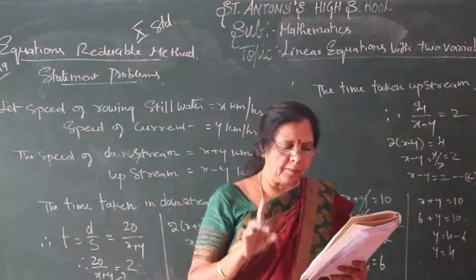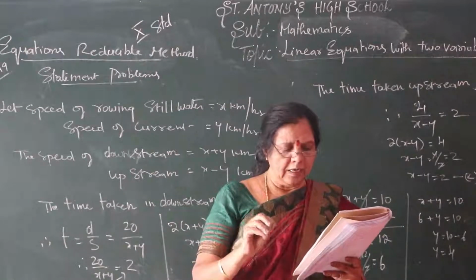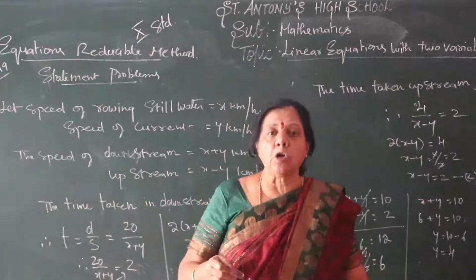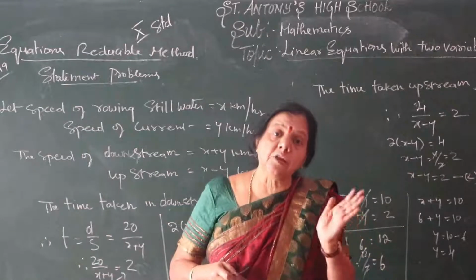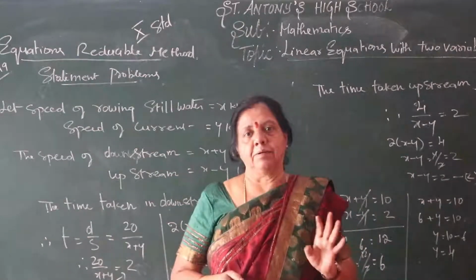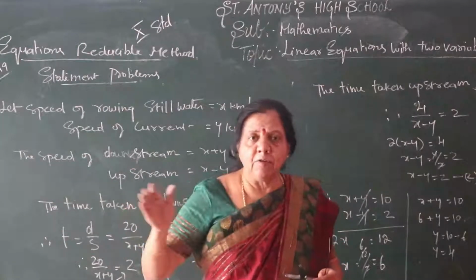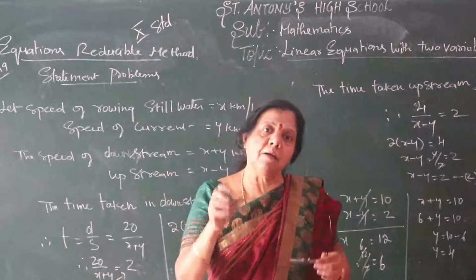Find the speed of the rowing in still water and the speed of the current. Current means not this power. When the water is flowing, that flowing water speed we call current. See, the river flows, you know. There will be a little bit of heat in the water.